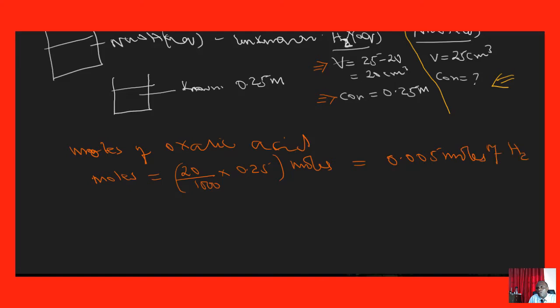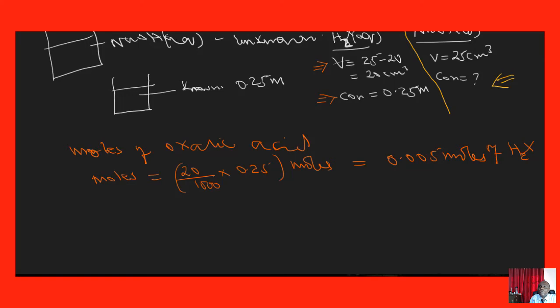For the sake of writing the chemical equation, let me represent oxalic acid as H2X because it has two replaceable hydrogens. The second step is to calculate the number of moles of sodium hydroxide using the number of moles of oxalic acid.